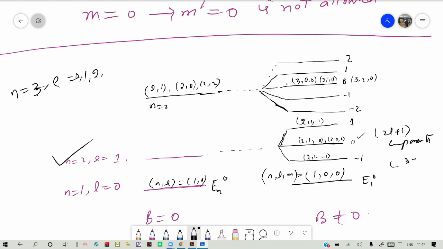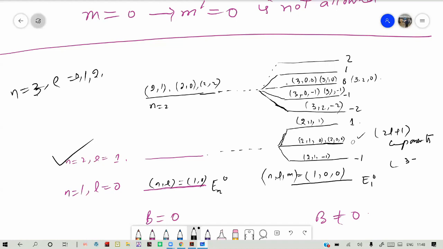Now, coming down, it is 3, 0, -1, 3, 1, -1. Here we have 3, 2, -2. Now we cannot take 0 here or 1 here. It should be 3, 2 here.